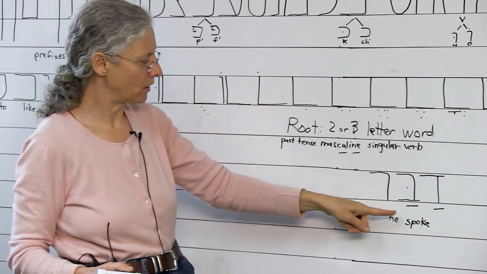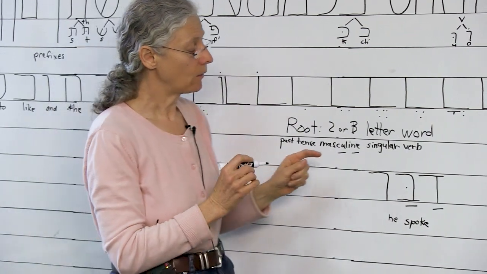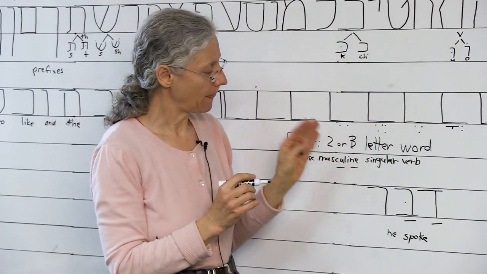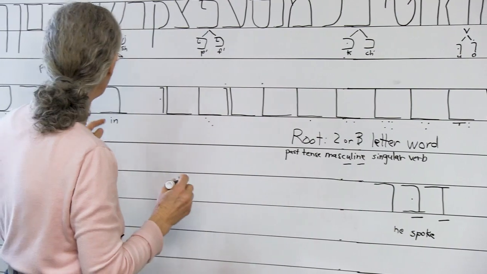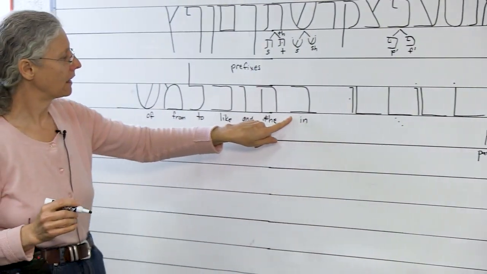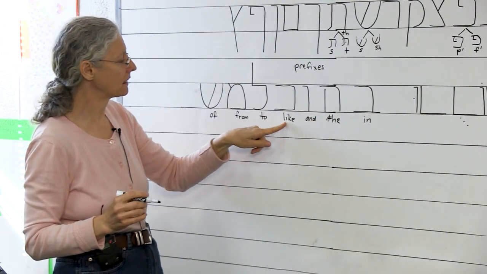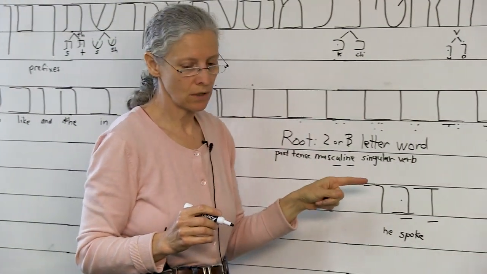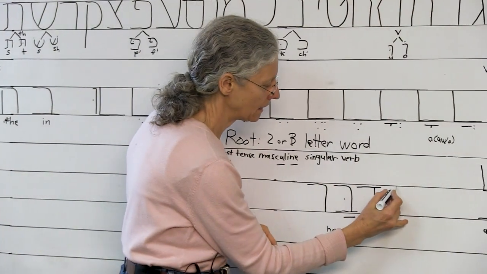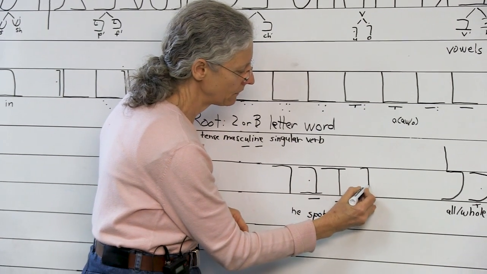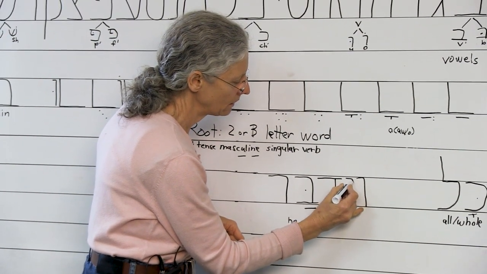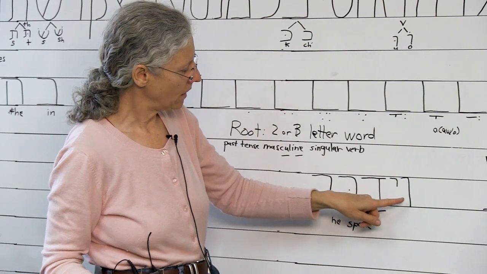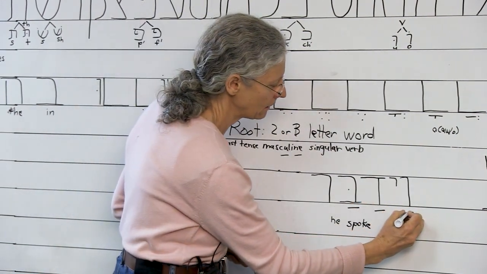He spoke. Now, when you add prefixes, you can add any one of these prefixes: in, the, and, like, to, from, of. The first word of the 10 Commandments has a vav and a yud. The vav means and.